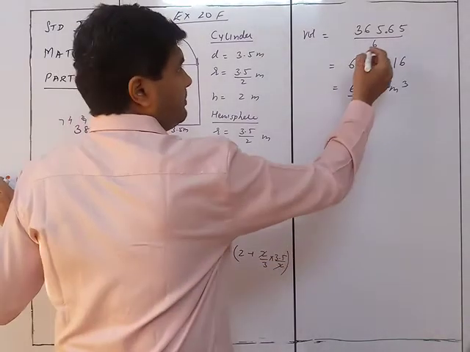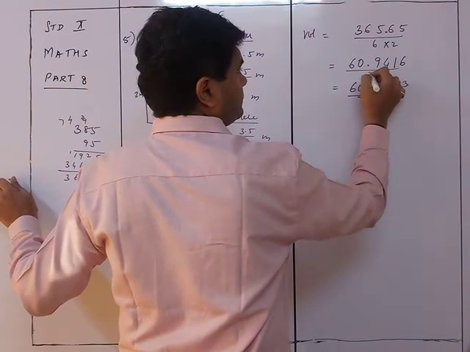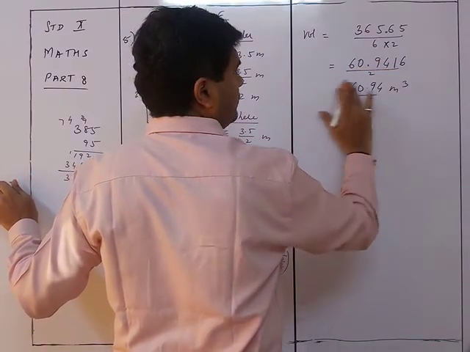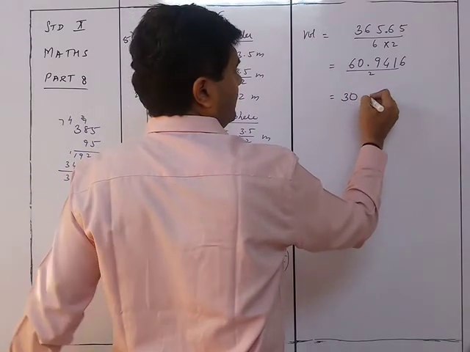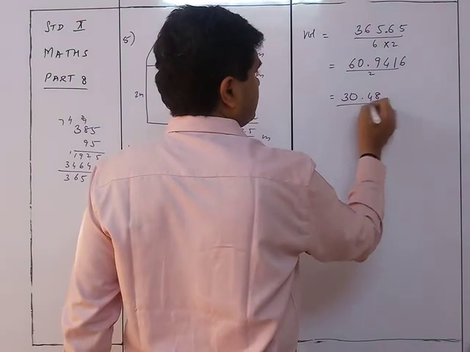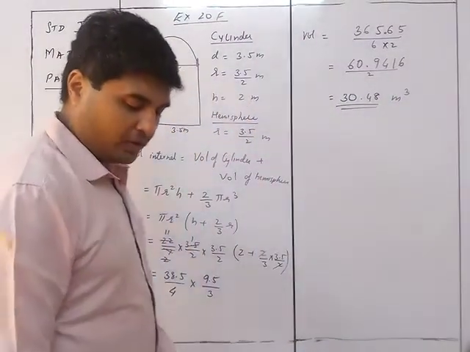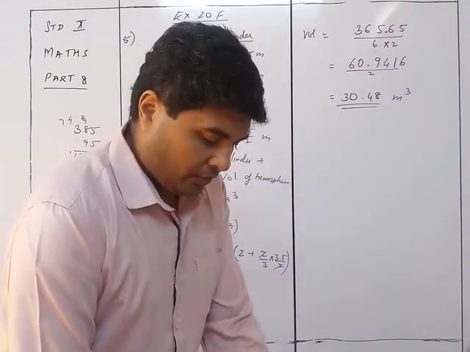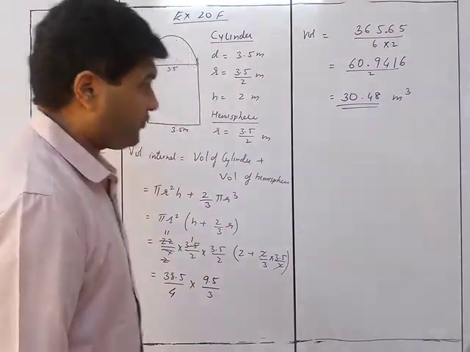So this will be divided by 2 again, so this upon 2 will give you 30.48 meter cube. So 30.48 meter cube will be the answer for sum number 5 of exercise 20F.